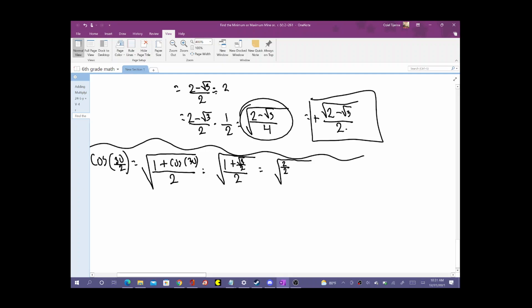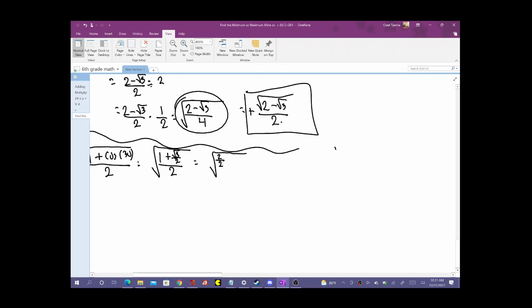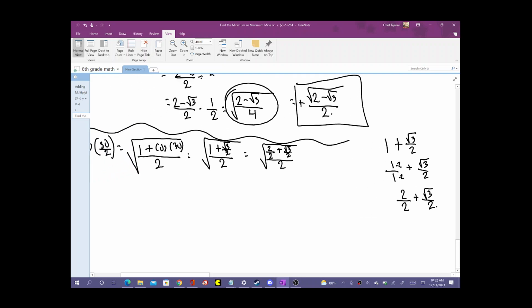If you don't know how to add fractions, the best way that I can tell you how to do this, when I have 1 plus square root of 3 over 2, just say 1 over 1 plus square root of 3 over 2, and then multiply it by the denominator on top and bottom, and then you have 2 over 2 plus square root of 3 over 2. That's how I got that. Because I know some people can't do it in their heads.